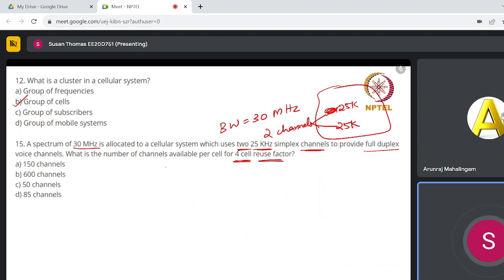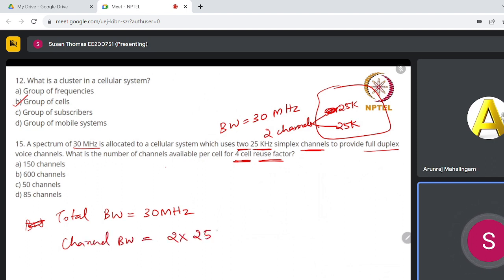Before that, we have the total bandwidth. Let me write it. Total bandwidth is 30 megahertz. Now the channel bandwidth is 2 into 25 kilohertz, which is 50 kilohertz. Now you know the total bandwidth, you know the channel bandwidth.